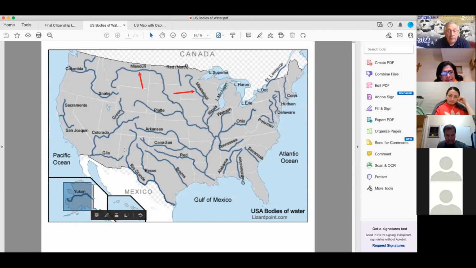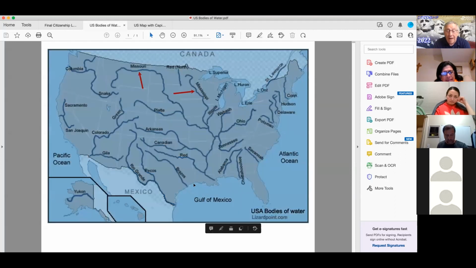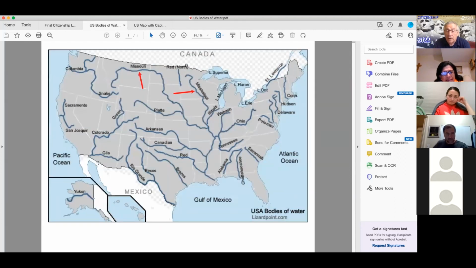Okay. Now we have some other bodies of water that are around the country, but they are not oceans. We have the Gulf of Mexico down here, and we have lakes, which are called the Great Lakes.